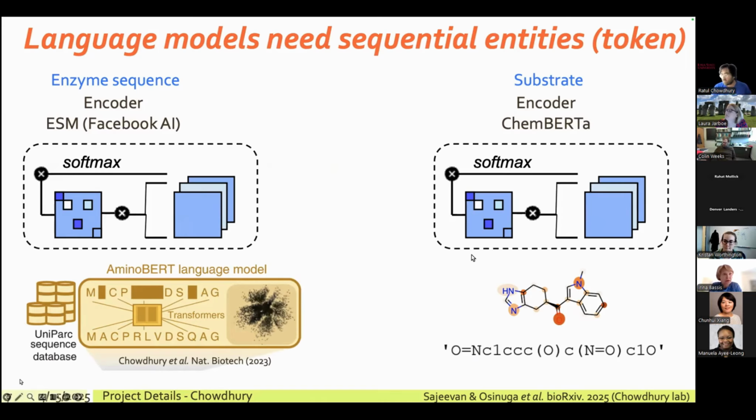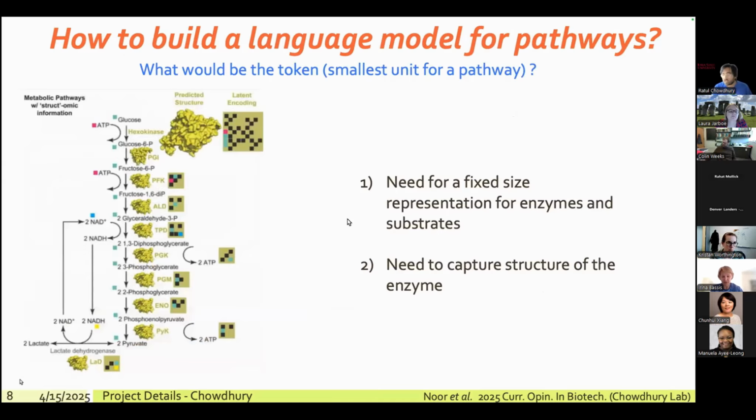Once there is sequential linear information, you can convert it into a mathematical object through a language model. If you could understand what I'm trying to draw here, the idea is to convert a pathway into a language. If the whole pathway is a sentence, what is my smallest token? What is the smallest piece of information that will represent a word in that sentence? The smallest unit is a reaction. If you string multiple reactions together, you get a pathway.